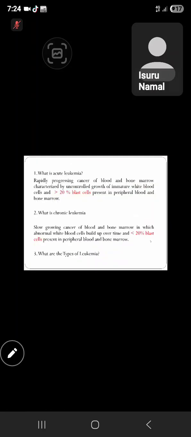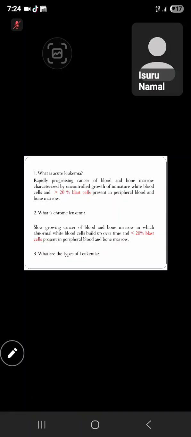Now, according to our topic, I need to discuss leukemia, right? What is acute leukemia? There may be a question in your structured essay paper: what is acute leukemia? Then you have to give your description.